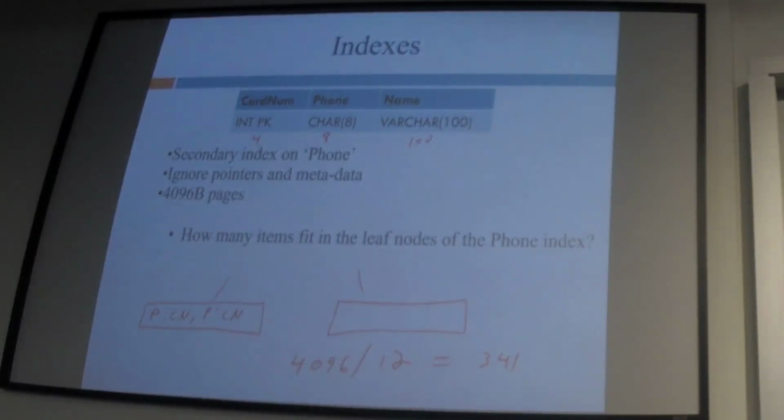I believe that's how it would work, though it might do something smarter, knowing that it doesn't actually have to store the primary key twice. So we will not have an example like that where the secondary index is every single column.